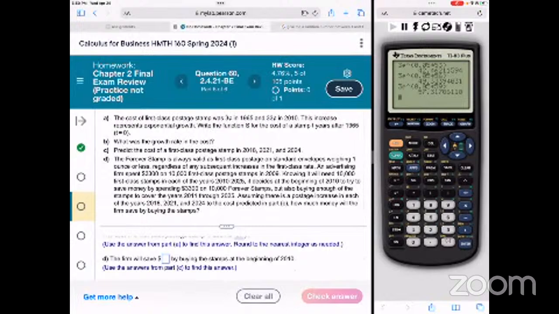Okay. Knowing they will need 10,000 stamps each year from 2010 to 2025, if they're buying 10,000 stamps each year, how many years is that? 15 years? How much is it costing?